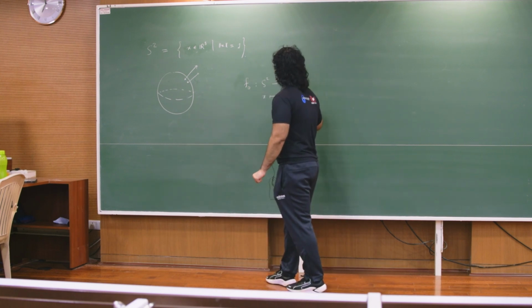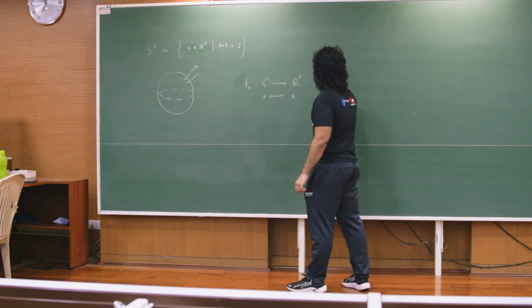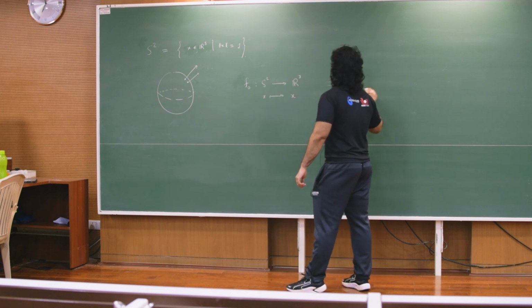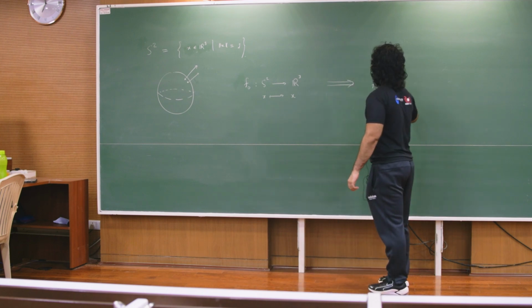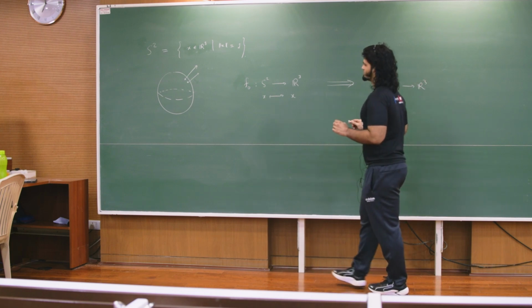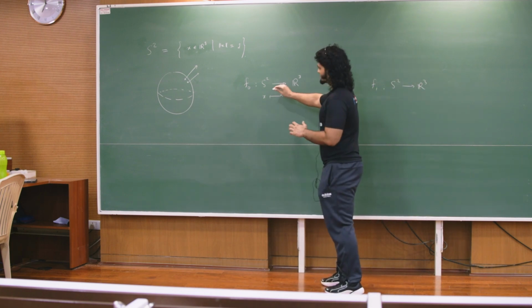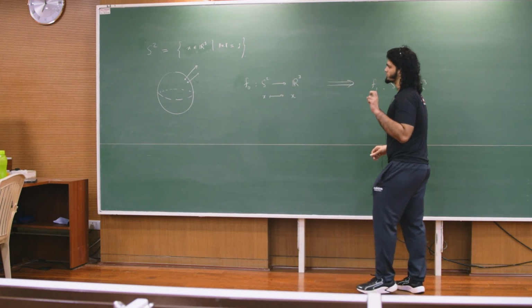And you want to continuously take this to another function from S2 to R3, which I'll call the combed state, while this is the initial state with the hair sticking out.